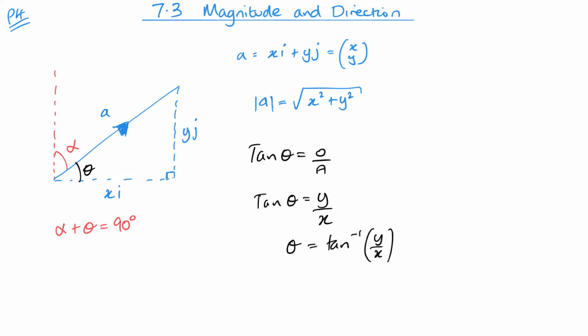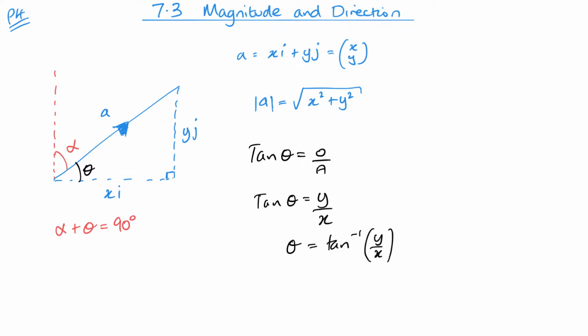Now, when we're talking about the direction of a vector, we usually measure it or describe it to the horizontal, the i, or the vector i, or the positive x-axis. But sometimes we do look at it to the vertical, where we might be talking about the positive y-axis or the vector j. So it's usually one or the other. More likely to be this one where I've done theta, but equally it could be this one.